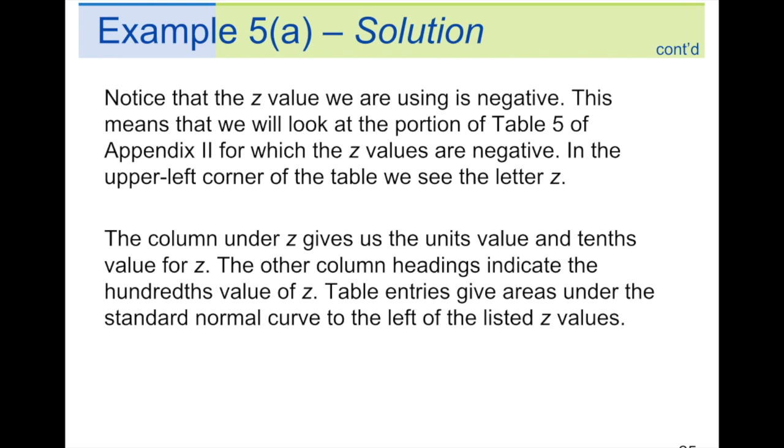The other column headings indicate the hundredths value of z. Table entries give areas under the standard normal curve to the left of the listed z-values. To understand this, make sure while watching this video you are looking at Table 5 of Appendix 2 to see what we're talking about.